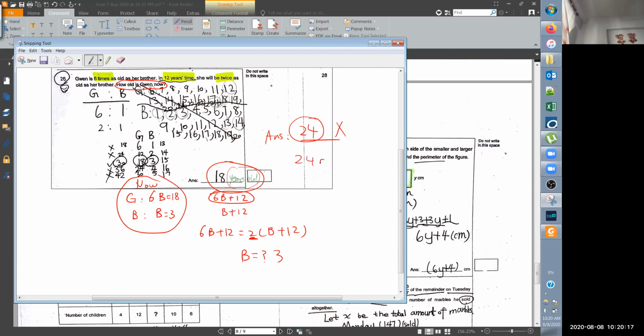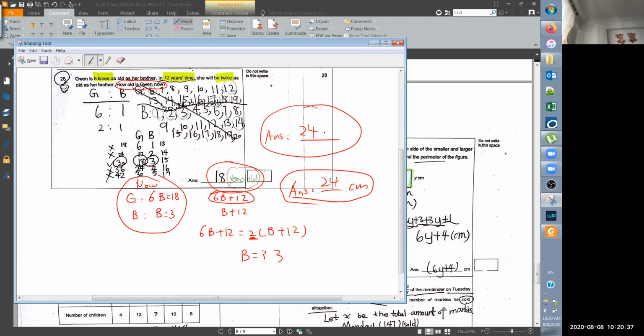So it can be 24 cm. If the unit is given, you just write down the value. In this case the unit is not given, so you have to fill in the unit yourself.